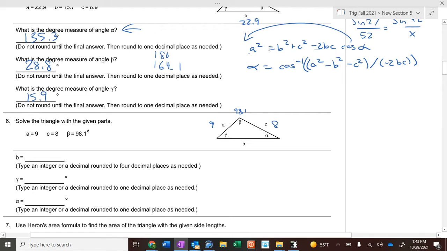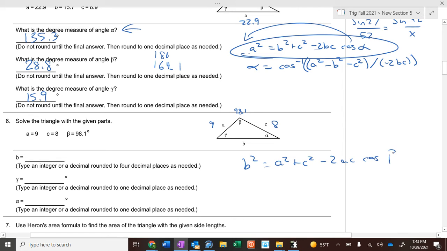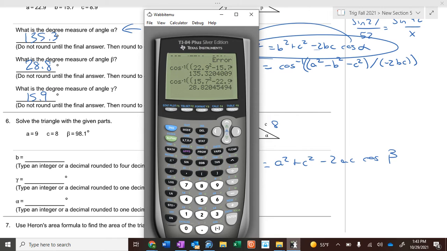So then you put it into it the normal way, but we're going to solve for b. So it's going to be b squared equals a squared plus c squared minus 2ac cosine of beta. But you put that straight into your calculator.